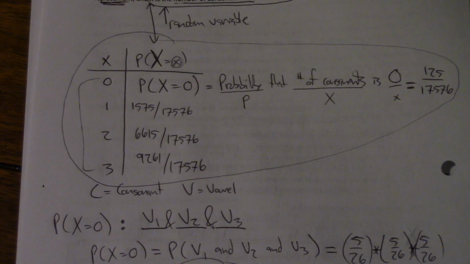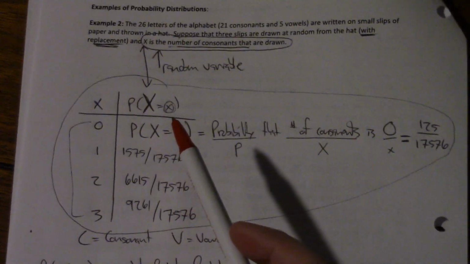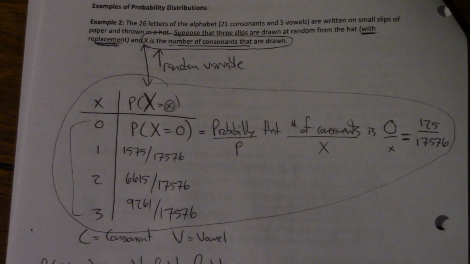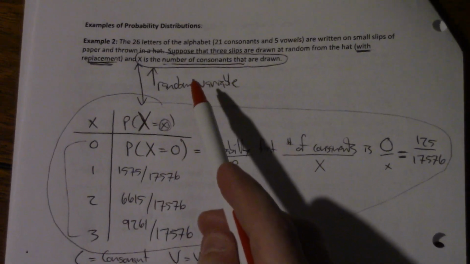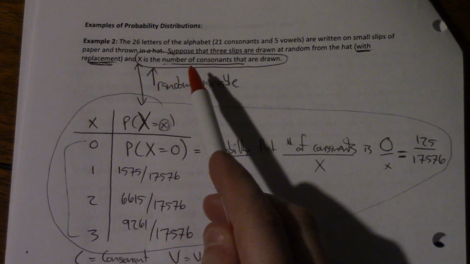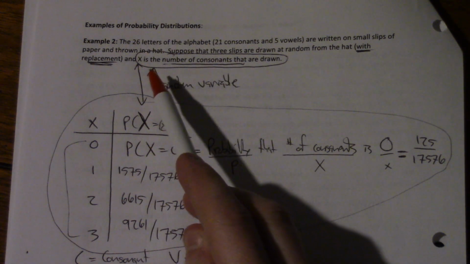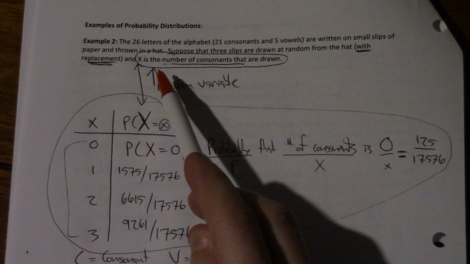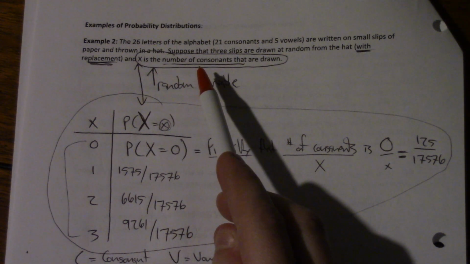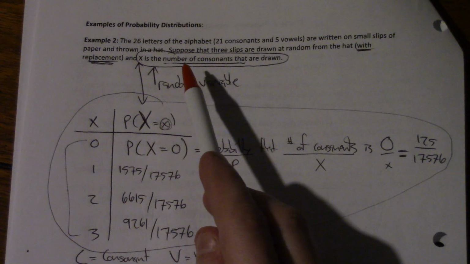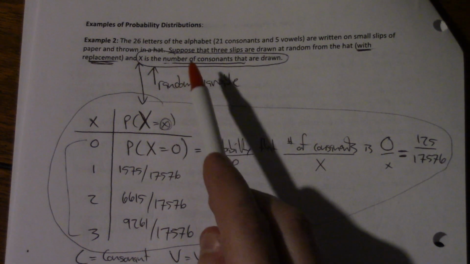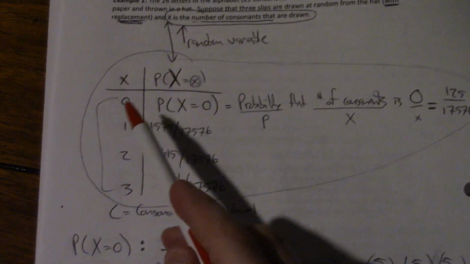Okay. So it takes a little bit of work. There are several steps to these types of problems. The first is figuring out, well, what are you even interested in? So what is the random variable? What can change? And here it was how many consonants you have. Second, you need to think about, well, what values could my random variable take on?